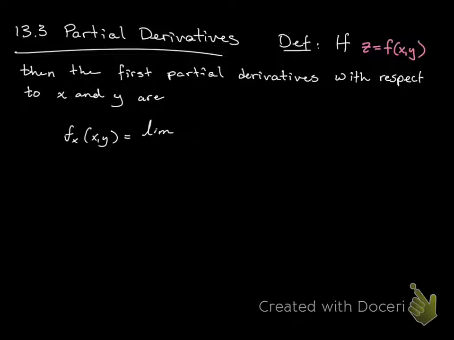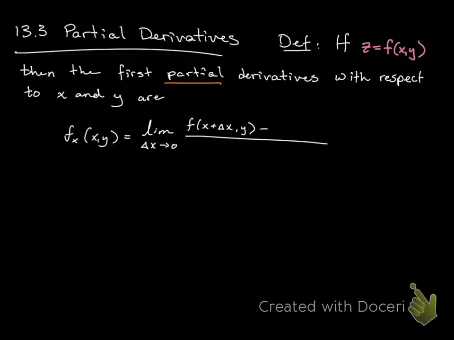But this is known as a partial derivative, right? Partial. So it's not like a complete derivative, if that makes some sense. I'm not looking at the derivative of the entire function. I'm looking at it with respect to one of the two variables in this case. It's a limit as the change in x goes to 0 of the quotient f of x plus delta x comma y.